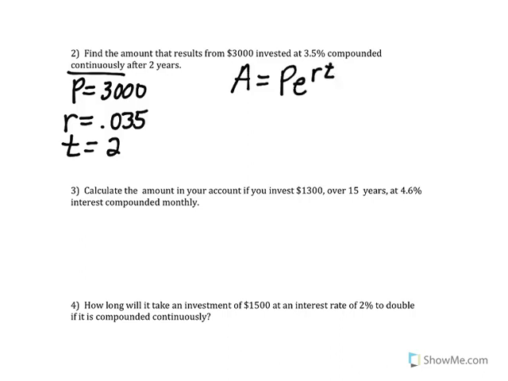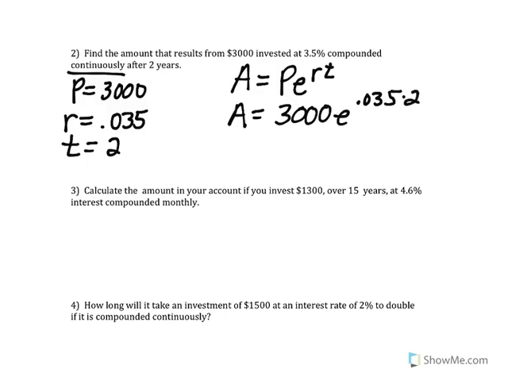Good way to help you remember the formula is to think of the word, sorry about that, I just dropped my calculator cover. So think of the word PERT. There used to be a shampoo, that PERT Plus, a shampoo conditioner combination. It's not very popular anymore, so it's not a great way to remember it, but you can just remember the word PERT. I'm going to plug in everything. Use the E button on your calculator.